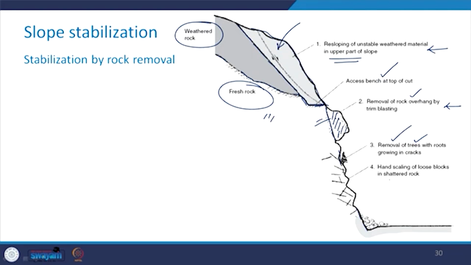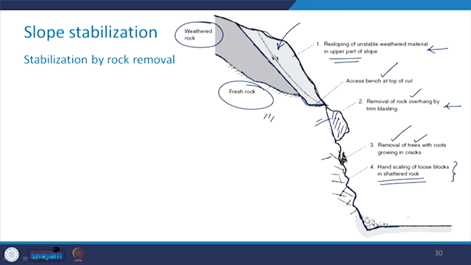Then hand scaling of loose blocks in the shattered rock is carried out in order to have the reprofiling of the slope. So, this is how, using rock removal, we can stabilize the slope.